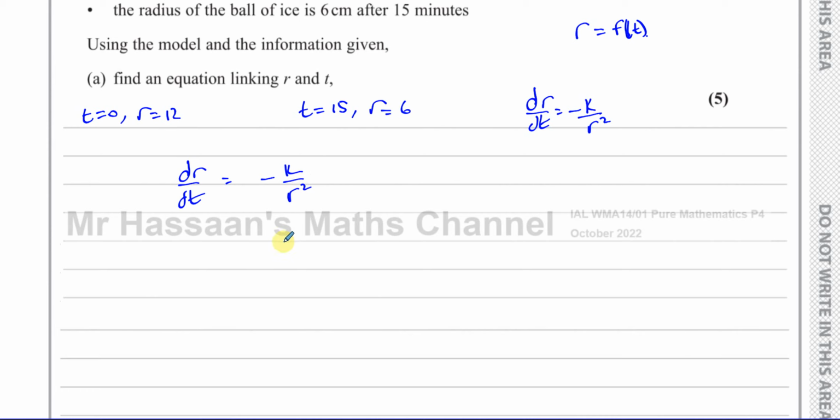To solve this, I'm going to integrate both sides with respect to t. So I have the integral of dr/dt with respect to t equals minus k times the integral of 1 over r squared with respect to t. I've just written the constant outside; I always like to do that.